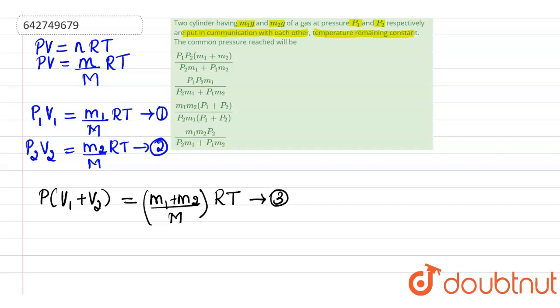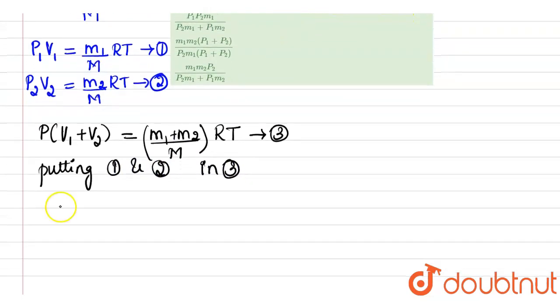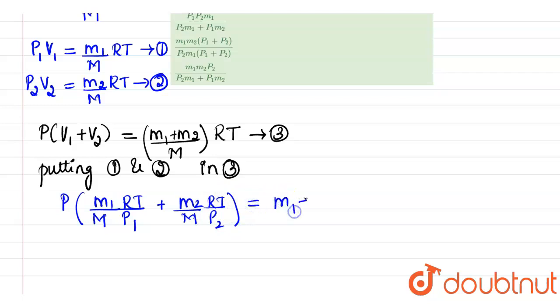So putting 1 and 2 in 3, we get P into (M1 by M RT divided by P1 plus M2 by M RT divided by P2) is equal to (M1 plus M2) by capital M into RT. So RT can be taken as common and cancelled out in every case. Similarly, the molecular mass can be cancelled out.